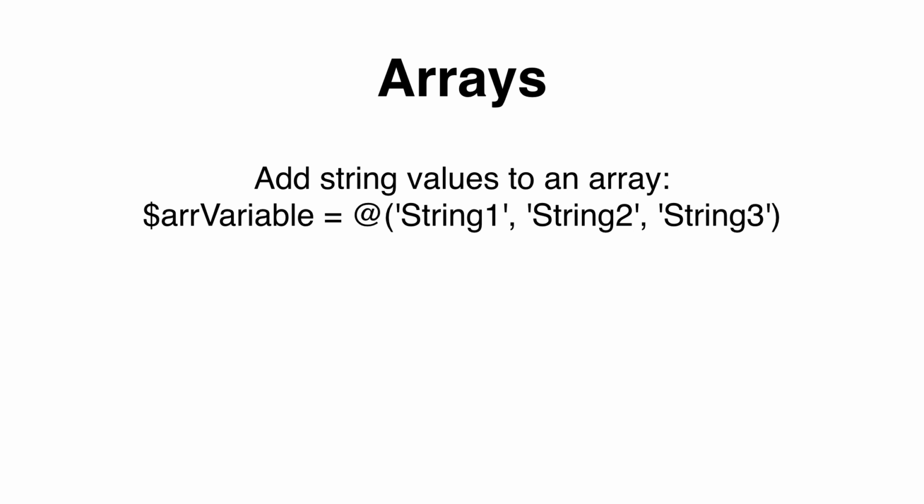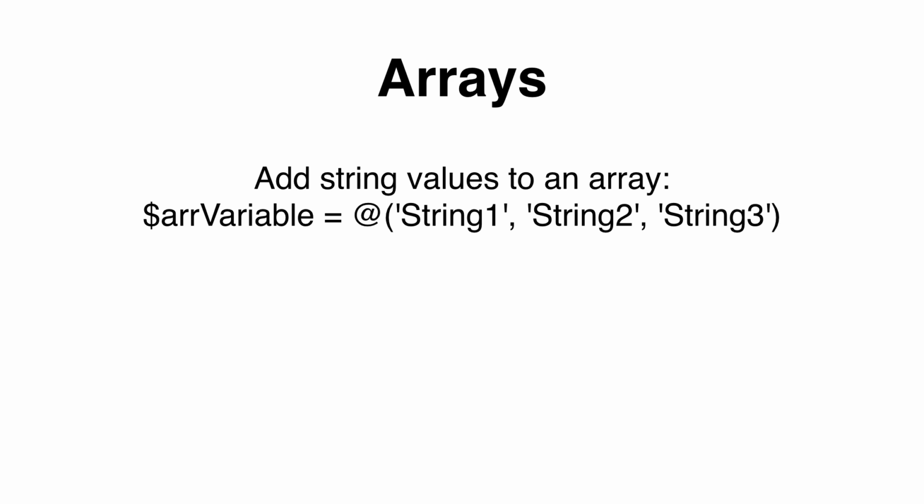All right, arrays. Arrays can store multiple values, and these are accessible by index numbers that are assigned to them. All indexes start at 0. So if we add or if we assign values to an array, we are going to use the at and then open the bracket and call string number 1 with the value string 1, string 2, string 3.